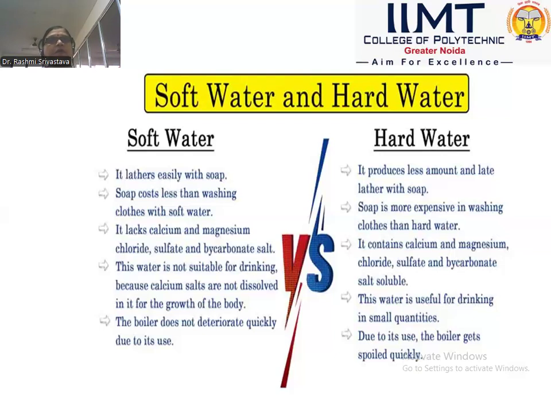But consuming hard water in very little quantity is recommended. Due to its use, the boiler gets spoiled quickly. If we live in an area where the water is hard, then the geysers, water purifiers, other appliances, and glasswares are quickly spoiled.